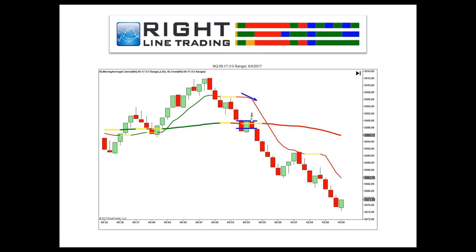And on the entry candle, you actually get an increase in momentum and an increase in volatility to the downside. So it's a lot different than just a simple moving average, and gives you much, much more information.